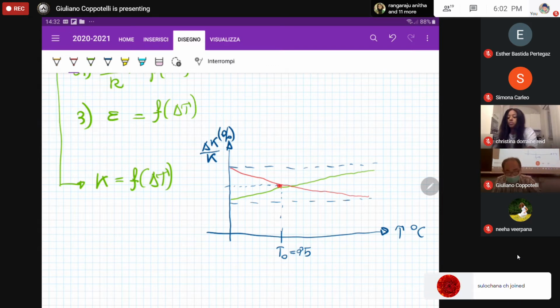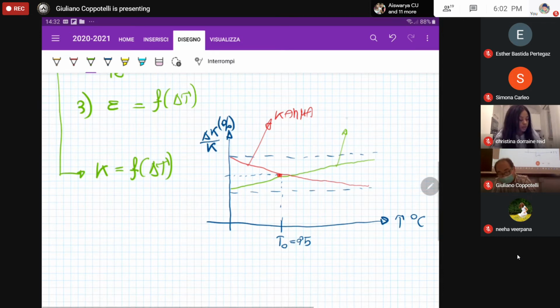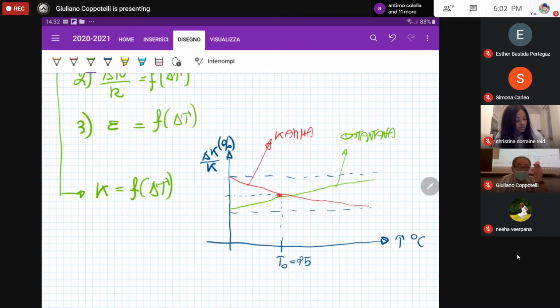Okay, this one is referring to Karma, what is called Karma alloy, that is one of the materials used to manufacture the strain gauge, and the other one is, for example, Constantan.